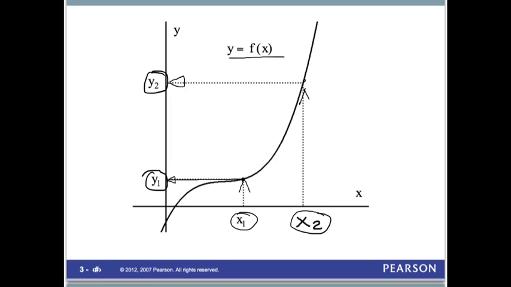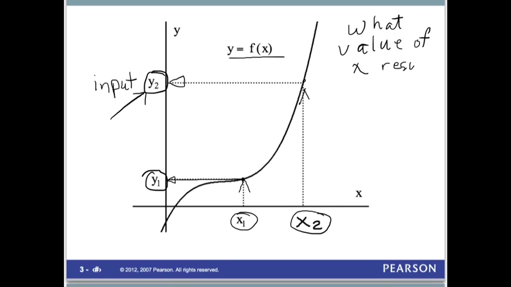Now, what an inverse function does is let you input, say, y2 and ask the question, what value of x resulted in y2?